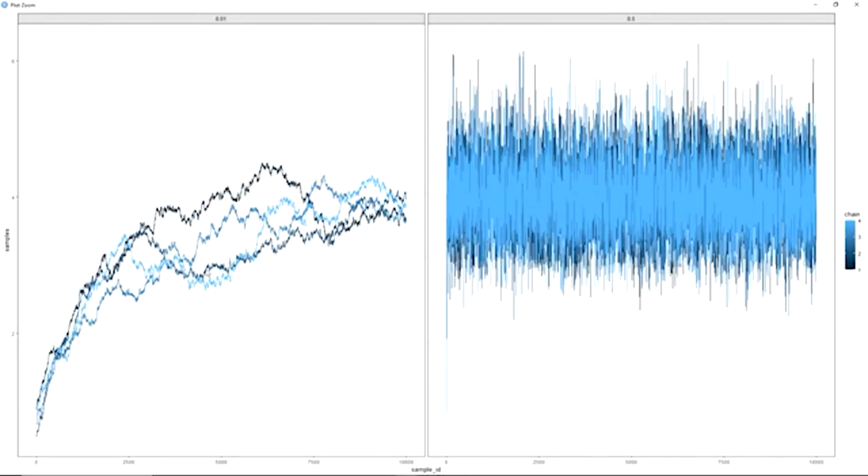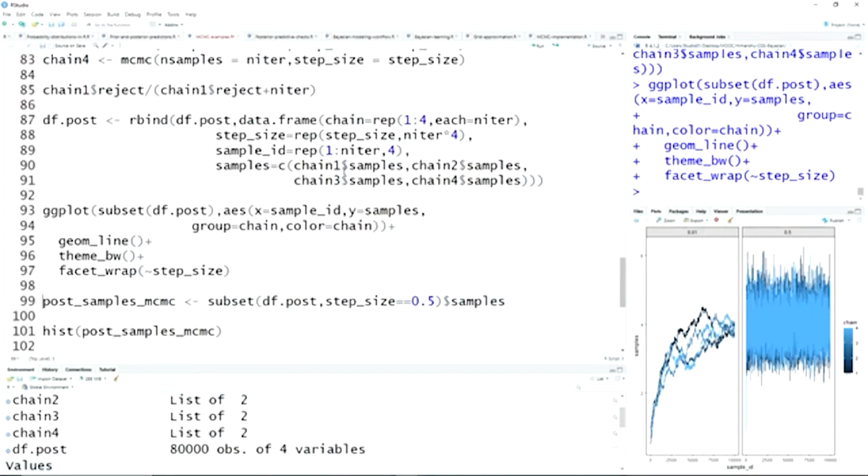And you can see that chains are trying to reach towards higher posterior density region. They started somewhere here. In fact, all started close to each other, but they were getting stuck in different regions. So for example, it took, I don't know how many, almost 6,000 samples for chain 1 to reach a value of 4.3 or something. Okay, so that's really bad.